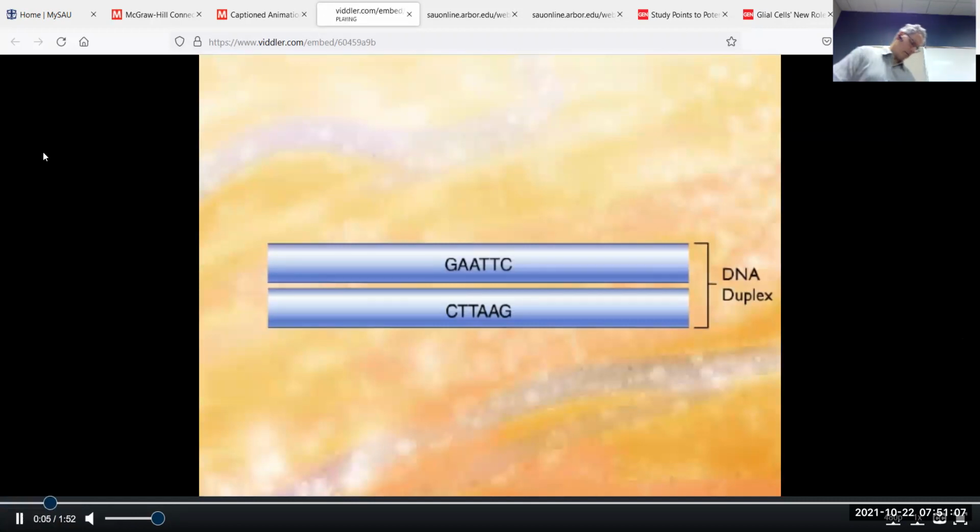Restriction endonucleases are enzymes that cleave DNA into nucleotide sequences. The sequence recognized is often 4 to 6 nucleotides long. For example, the restriction endonuclease EcoR1 recognizes the sequence GAATTC. The nucleotides at one end of the recognition sequence are often complementary to those at the other end. The two strands of the DNA duplex have the same nucleotide sequence running in opposite directions for the length of the recognition sequence.